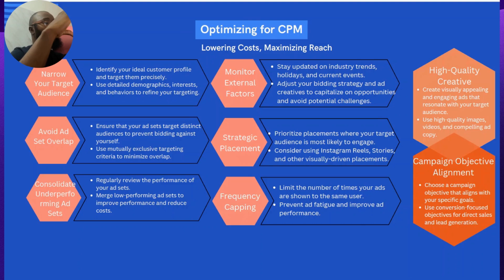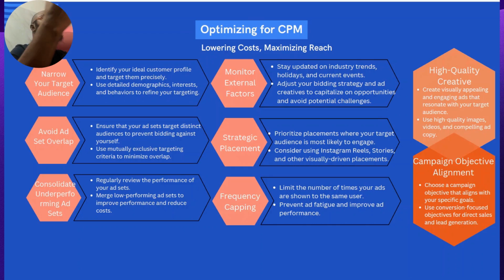So the third one I want to talk about is to consolidate your performing ad sets and underperforming ad sets. By consolidating underperforming ad sets, it means to regularly review the performance of your ad sets and also merge low performing ad sets to improve performance and also reduce cost. So basically, this means that sometimes you have ad sets that are not performing well, that are not bringing results, that are not bringing sales, and you have ad sets that are bringing sales.